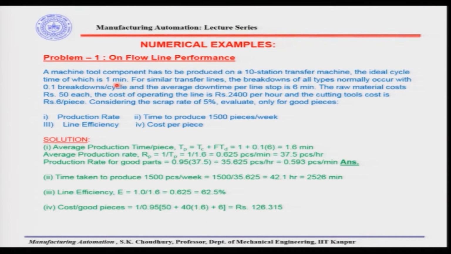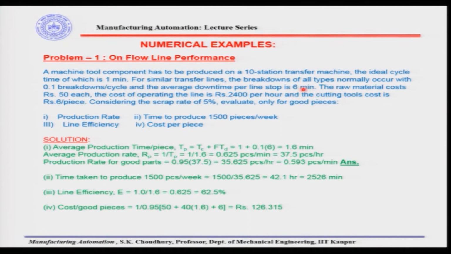Tc, I will remind you, which we did 2 classes before. So, 60 seconds will be the Tc. For similar transfer lines, breakdowns of all types normally occur with 0.1 breakdowns per cycle, and the average downtime per line stop is 6 minutes.